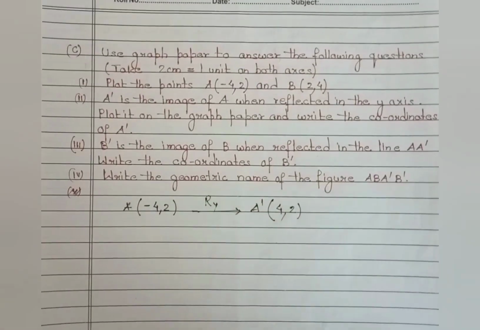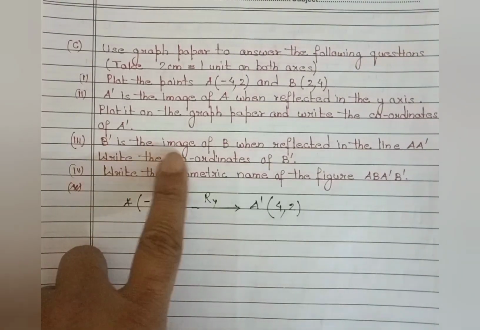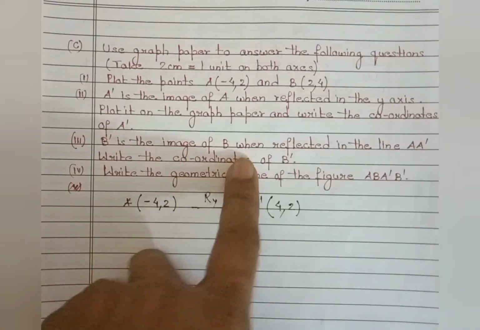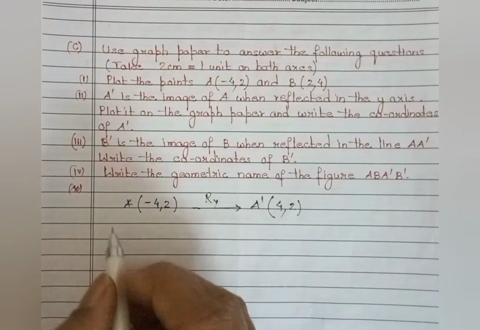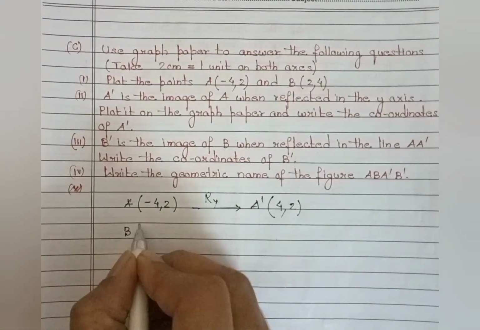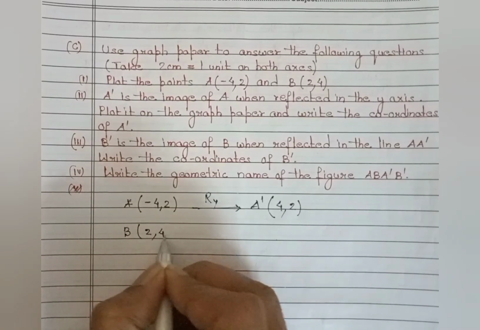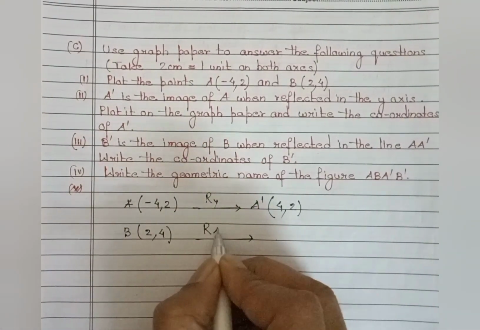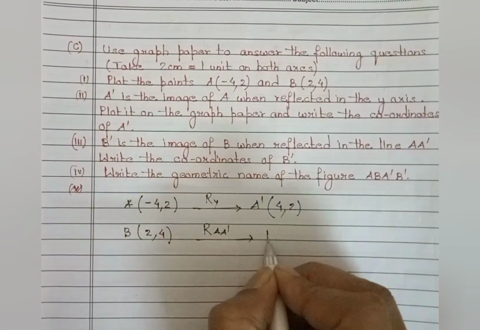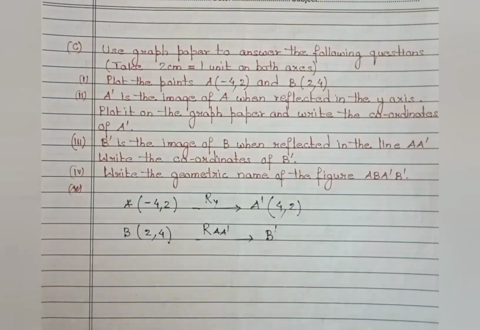Now the next part says B dash is the image of B when reflected in the line A dash. Point B, that is 2 comma 4, is to be reflected in the line A dash to get the image B dash.